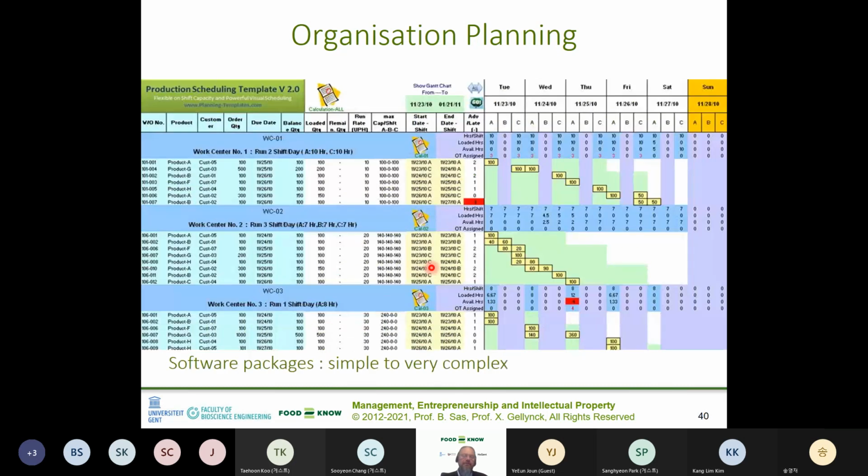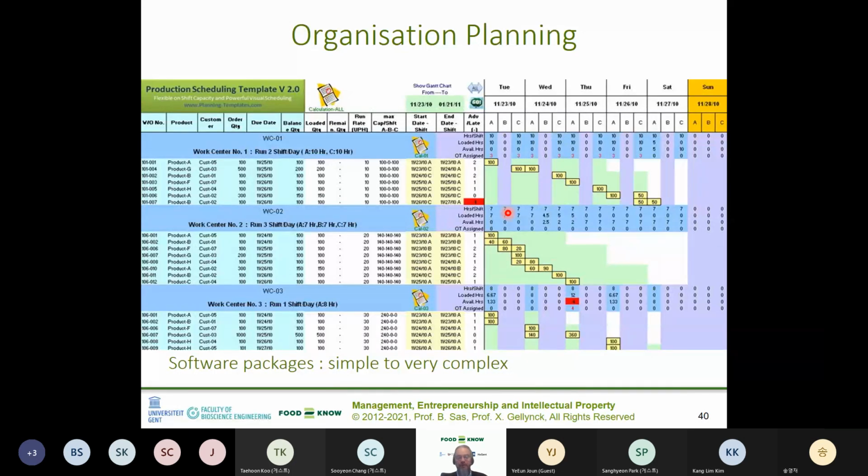Here you see a computer software package that helps you with planning the organization. So you have the different work centers, the different lines for the different dates, and then different workers and goods are allocated and planned. So everything is ready and standing ready when you start production, and so that you produce in such a way that you have sufficient goods in line with the demand of your customers.